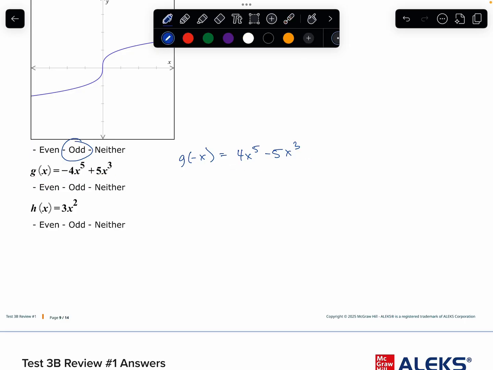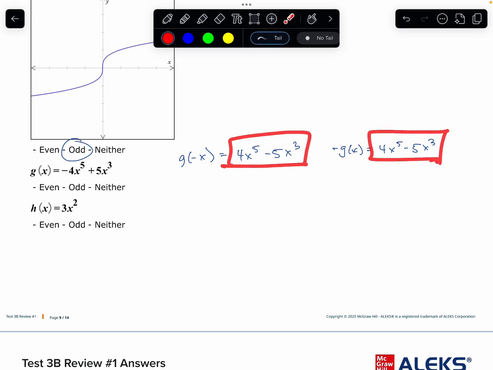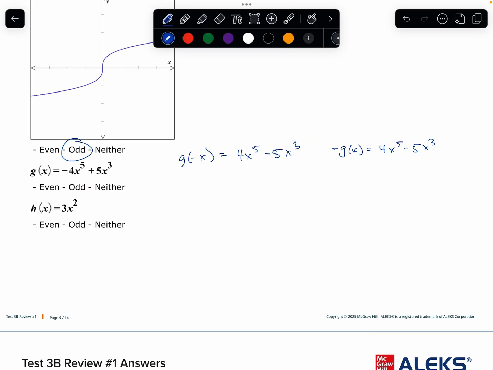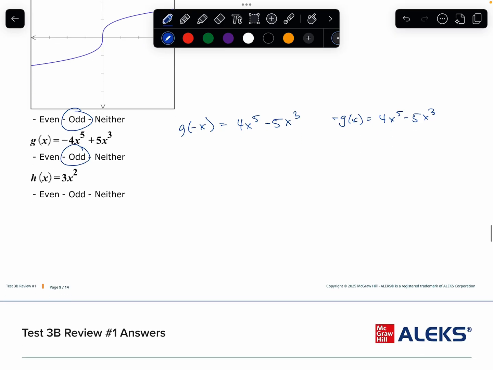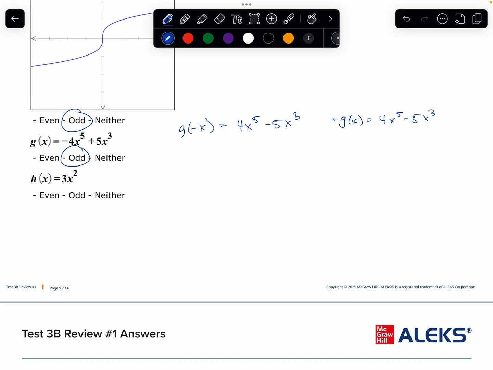Next thing is I'm going to see what negative g of x is. Negative g of x will flip the sign of every term, so that's going to be 5x to the fifth minus 5x to the third. And then I check to see if these are the same, which they are, so therefore it's odd. Okay, and then for this next one, I'm going to do the same thing.